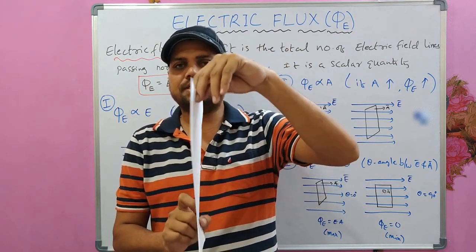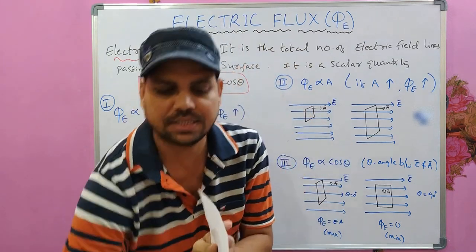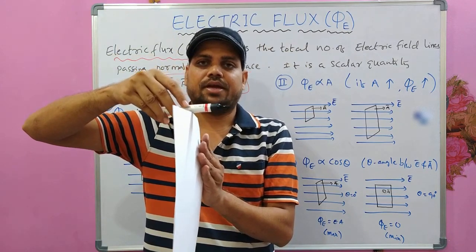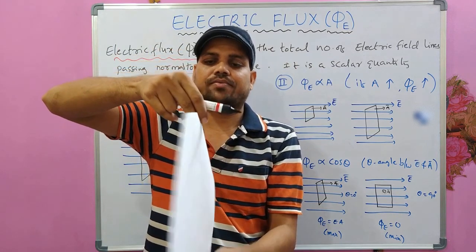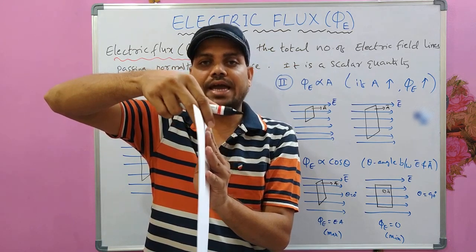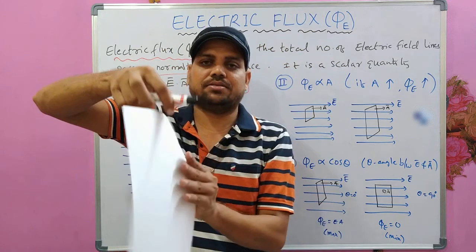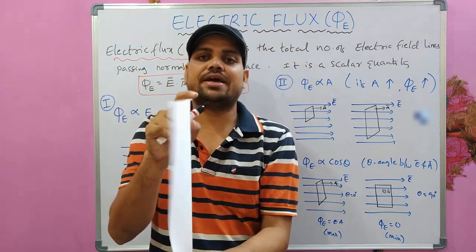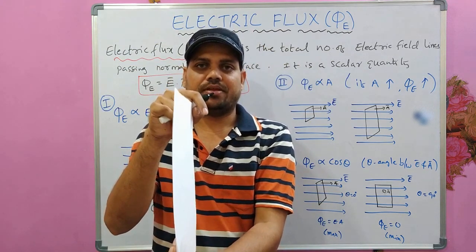If this is the electric field direction and I keep a surface in the electric field, the field lines passing normal to this surface means along the area vector. See, the area vector is normal to the surface, right?